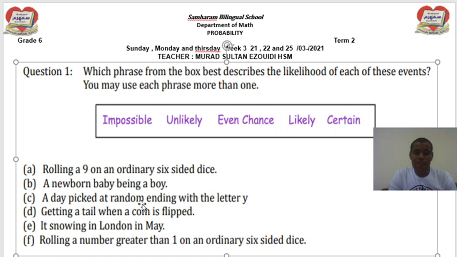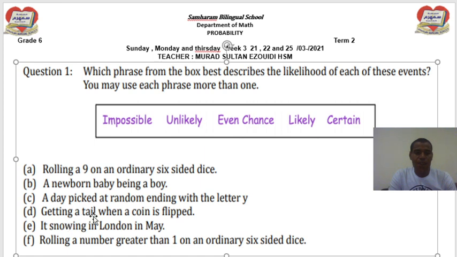A day picked at random ending with the letter Y. The days that you already know are Sunday, Monday, Tuesday, Thursday, Friday and Saturday, all of them end with Y. So the best word that describes the likelihood of this event is certain, which means it has a probability of 1.